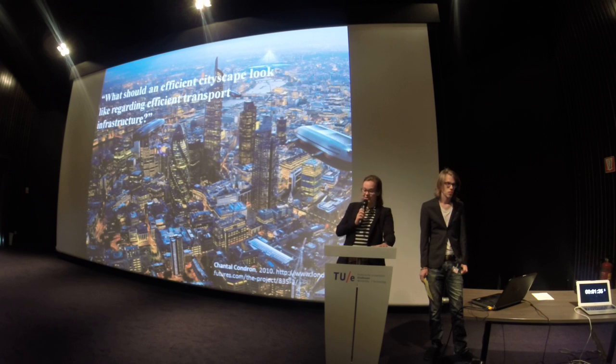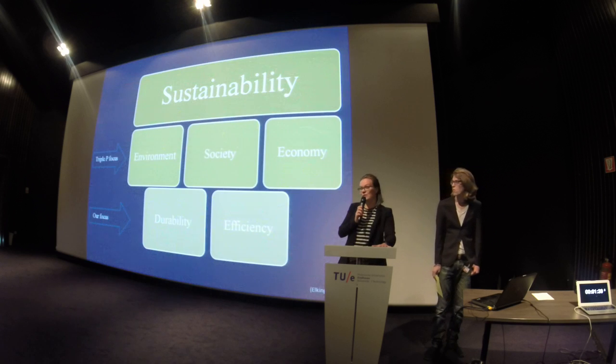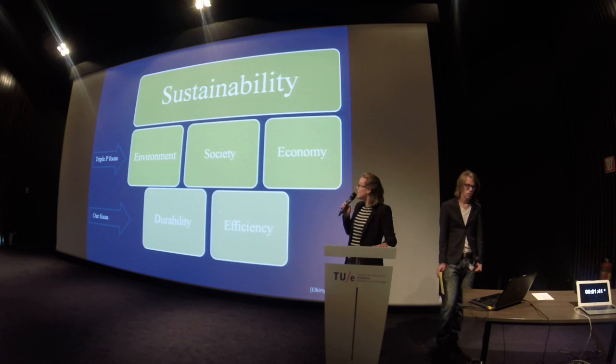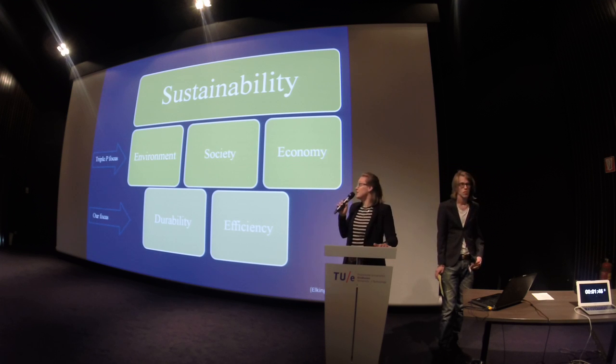For example, variables can be urban spread, high density, high rise, or public transportation. We focus on a special kind of sustainability, namely not only environmental friendly or energy efficiency, but we try to focus on durability of a city or of a transport system, and also efficiency of the transport system.